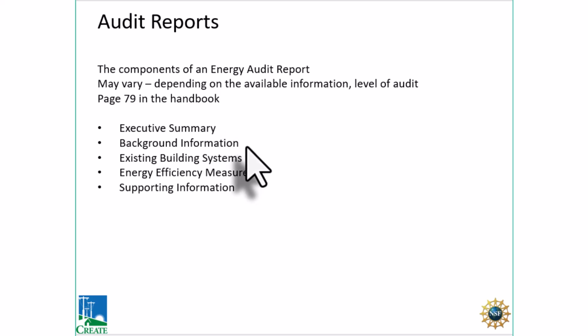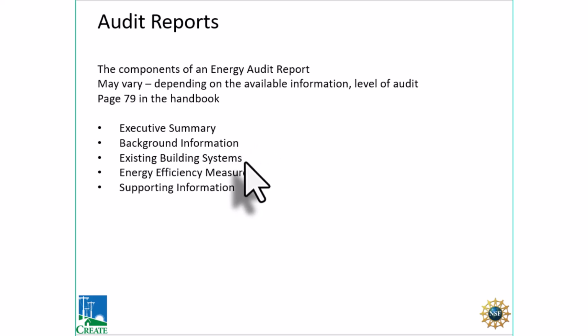Then you're going to have some background information, and this will vary depending upon the facility and, again, the audit level. What kind of background information describes what the facility is, its operational hours, who works there, who lives there, when it was built, any major renovations, all that kind of stuff will go into this background information.